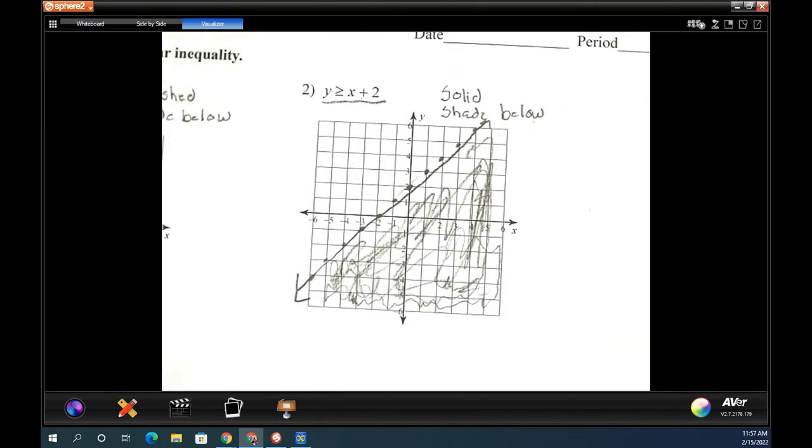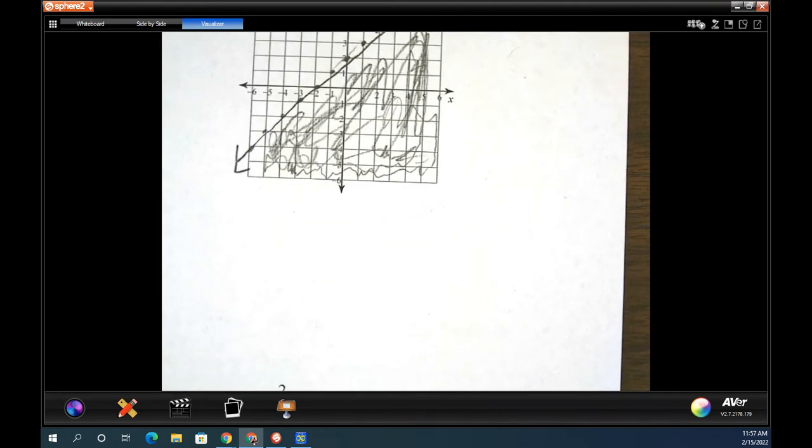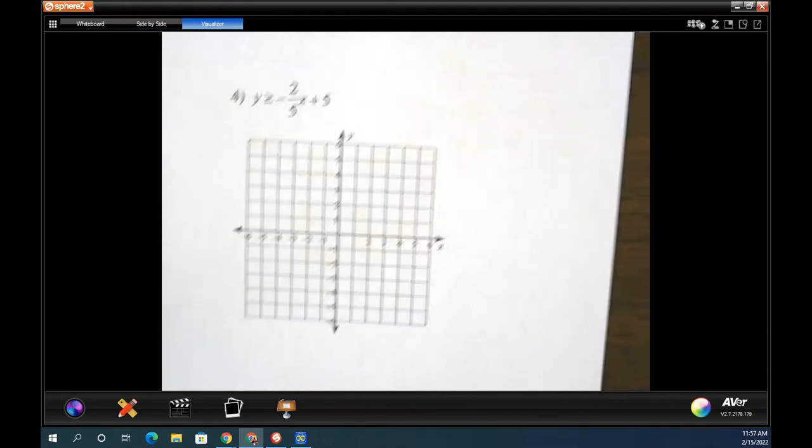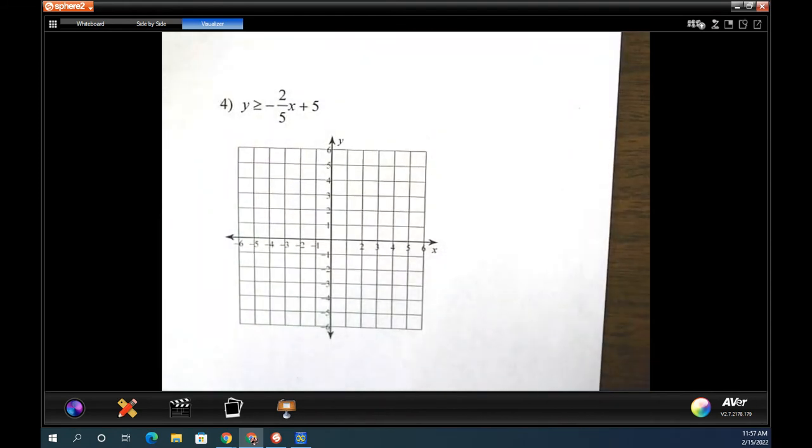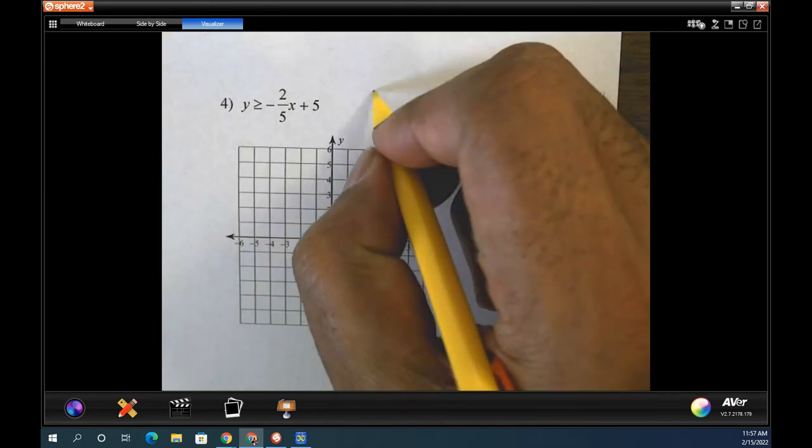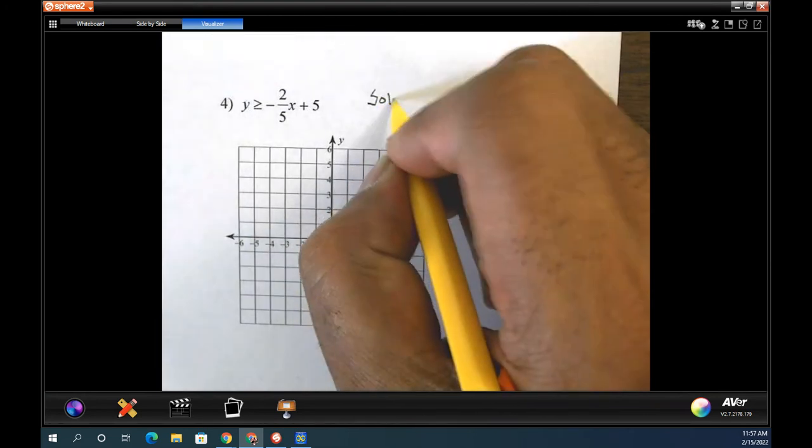All right, we're going to skip number 3. Let's go down to number 4. All right, Ricky, solid or dashed? Solid. Yes. It's right there in your comp book.